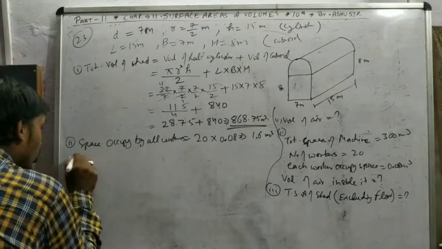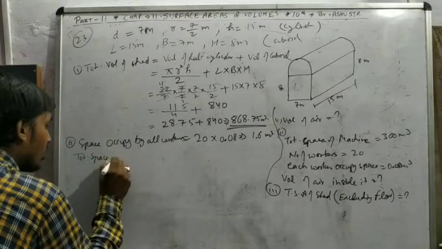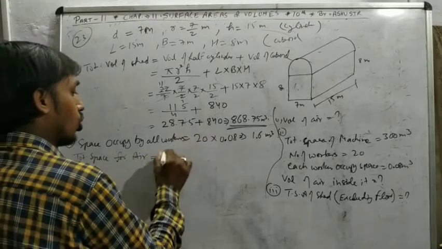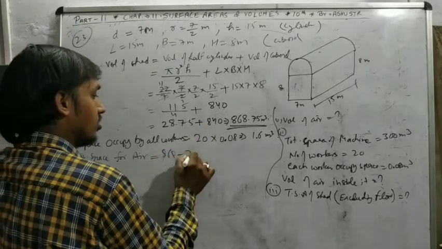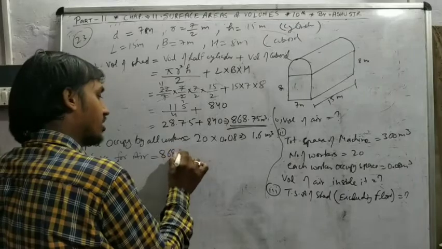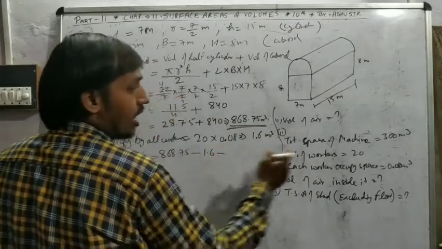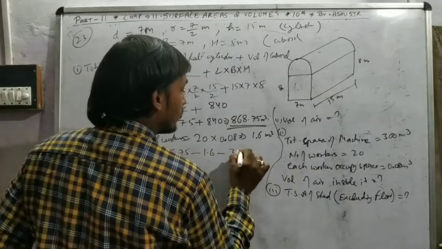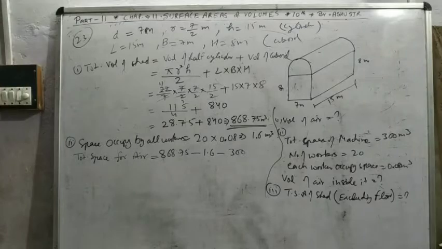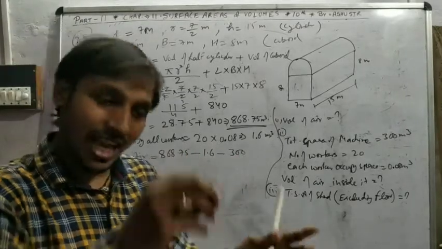So total space for air, that means total volume 868.75 minus worker volume and minus machinery volume, because they both occupy the space. Where the worker and the machine are, there is no air inside their space.